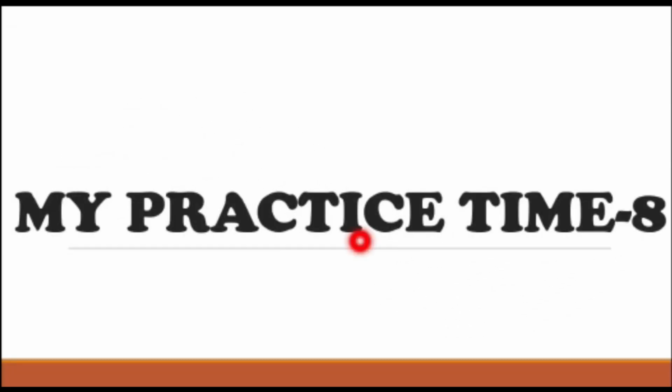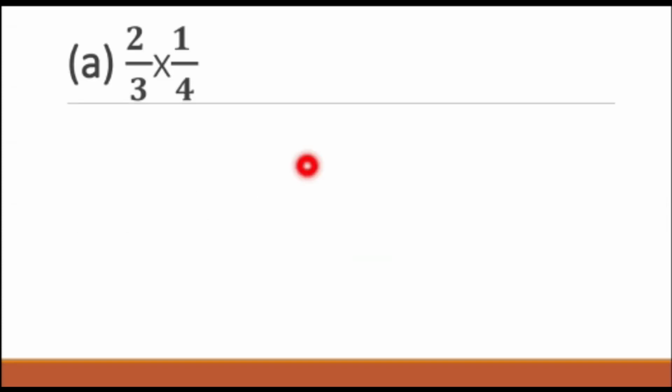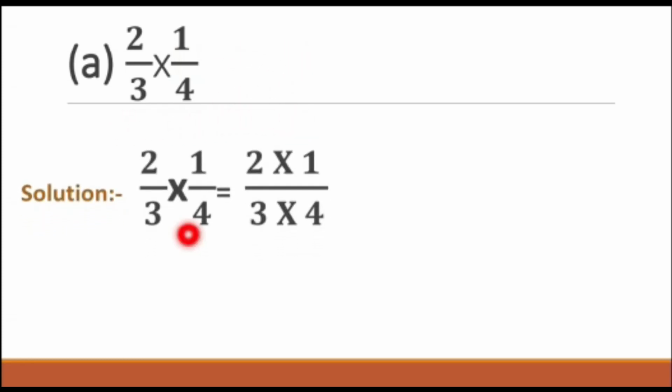Now we will solve a few questions of My Practice Time 8. Find the product. Now we can solve it directly by multiplying numerator to numerator and denominator to denominator, right? So here we need to multiply, okay. So 2 multiplied by 1, okay, and 3 multiplied by 4.